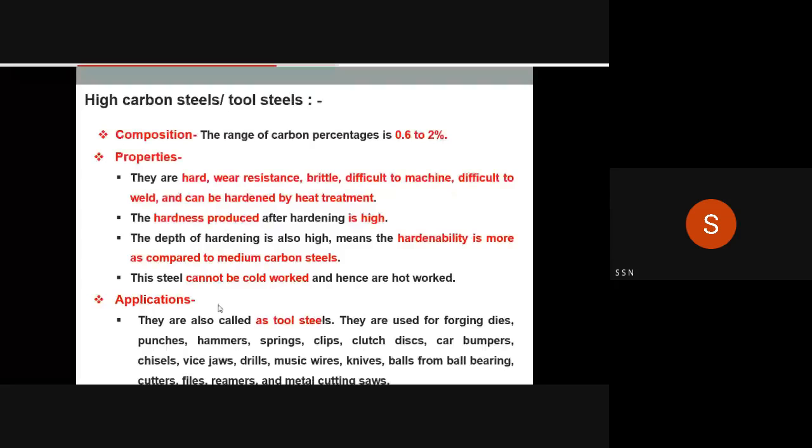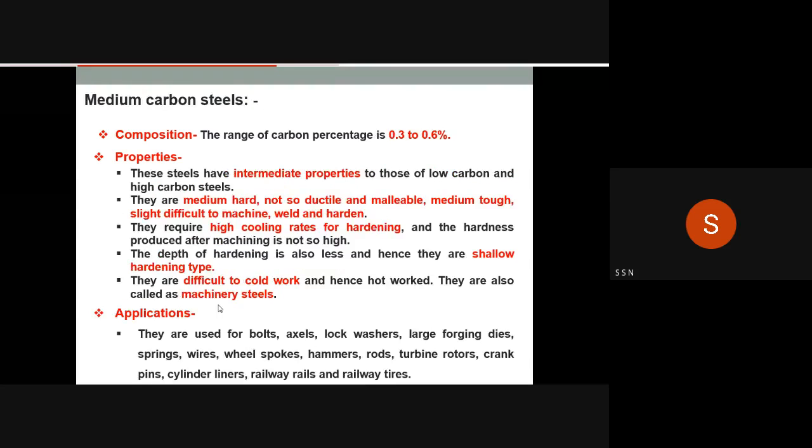So this is the property of high carbon steel. Again, the hardness produced after hardening is high here. The depth of hardening is also high. That means hardenability is more compared to medium carbon steel. In medium carbon steel, we have seen that the depth of hardening is not that good, which is why we call it a shallow hardening type steel.